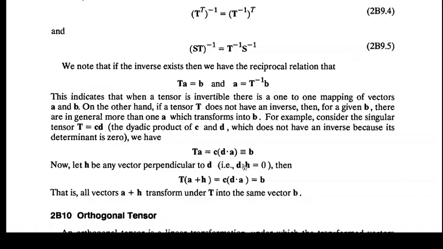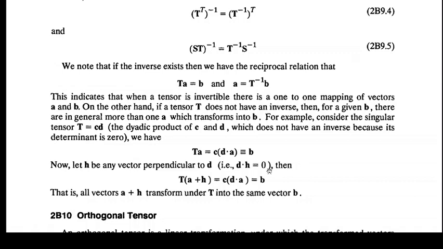H is perpendicular to D. So when T acts on A plus H, it means CD is acting on A plus H, which by the definition of the dyadic product gives C times D dot (A plus H), that is C times (D dot A plus D dot H).